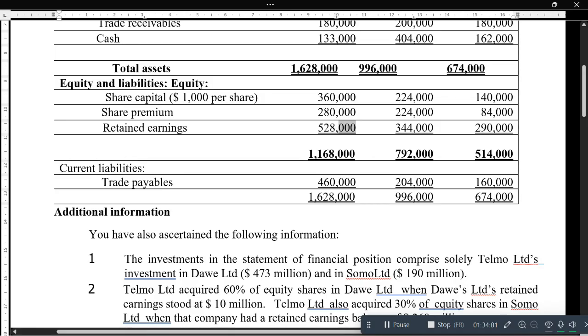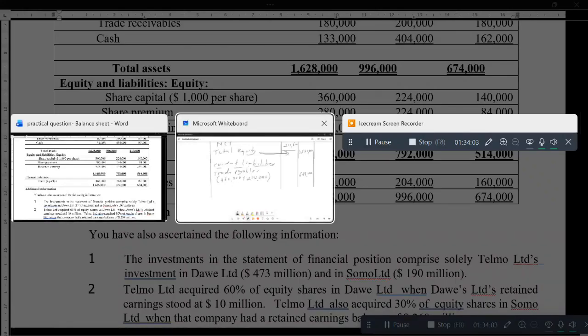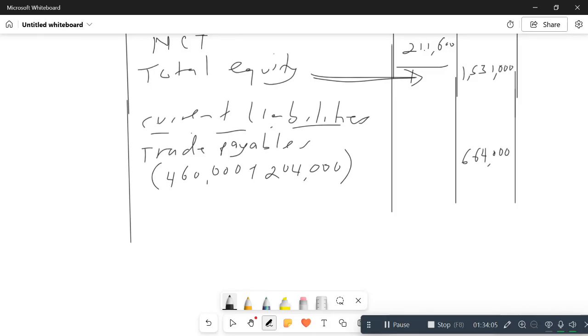Let's get the total here. We need now our total equity and liabilities.